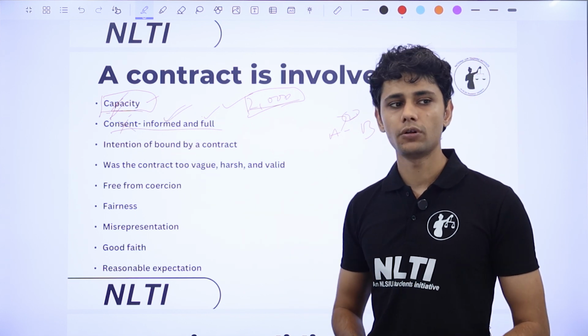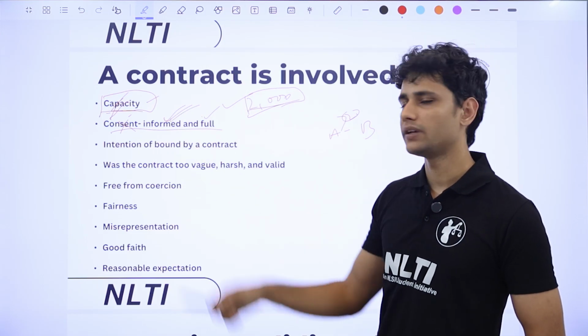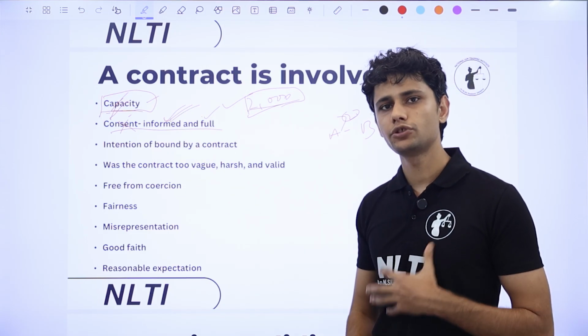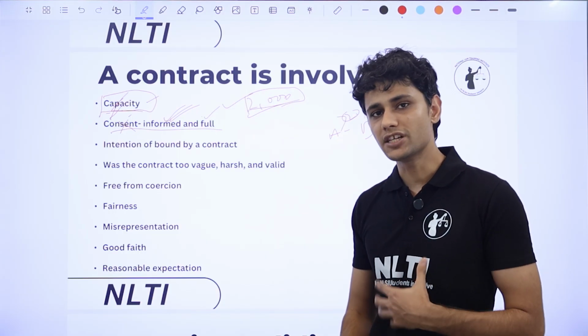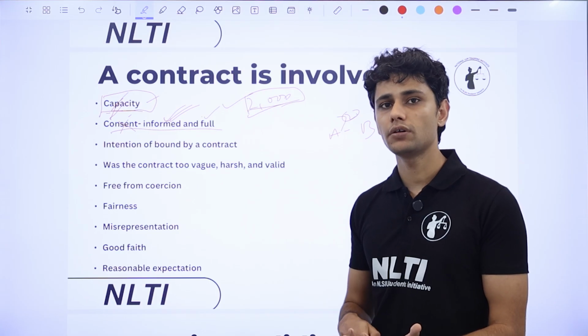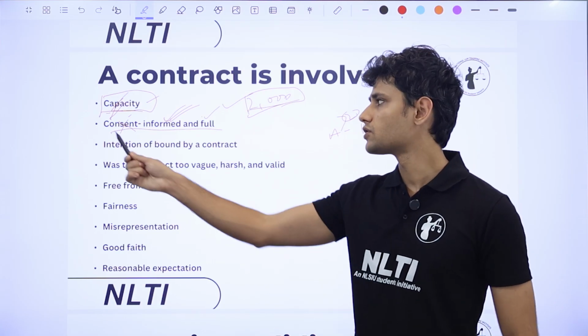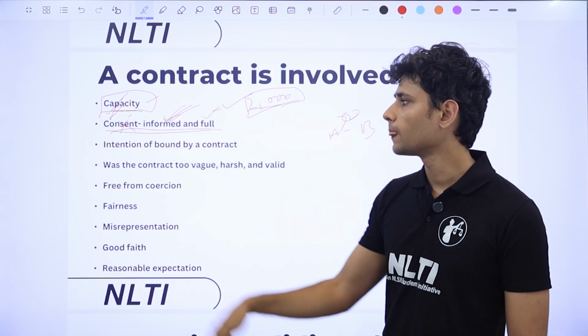I did not know about all the problems that this car had. So therefore my consent cannot be informed. Informed basically means the person should have as much information as possible before giving consent. So just because I've given the consent is not enough. That consent should be based on as much information as possible. So in contract cases, always keep in mind that your consent should be informed and full.